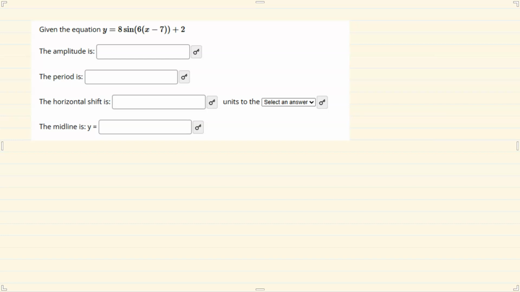Let's take a look at the amplitude. The amplitude is pretty straightforward. You look at that leading coefficient in front of the sine. The standard form for this, first off, is y equals a sine b, then in parentheses x minus c, plus d.